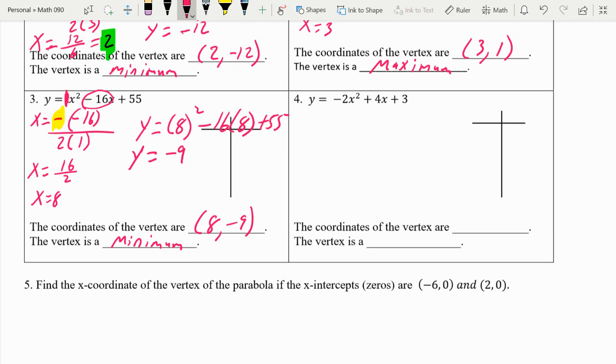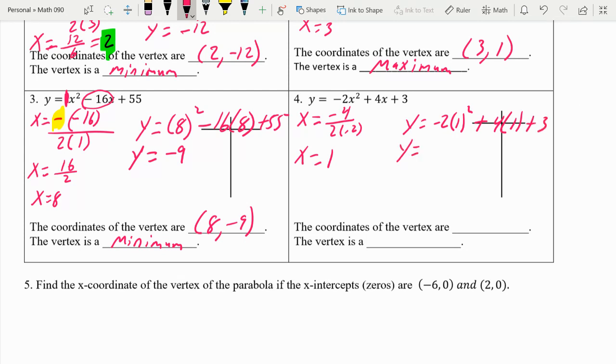All right, last one here. Let's just work through this quick. So I end up with negative 4 over 2 times negative 2. X gives me 1. The y coordinate, again, using parentheses to substitute.